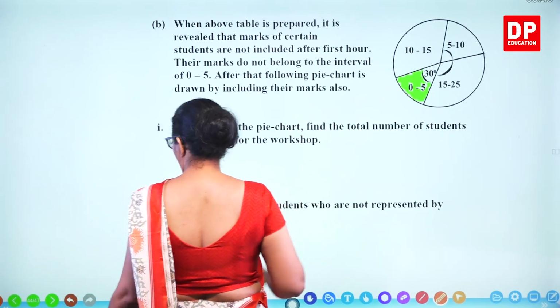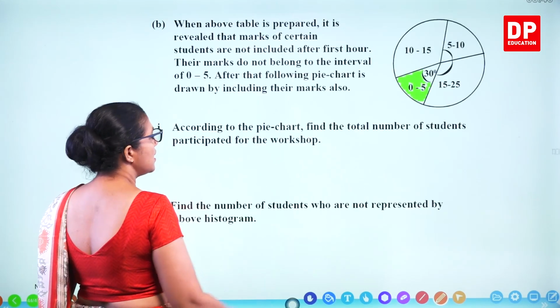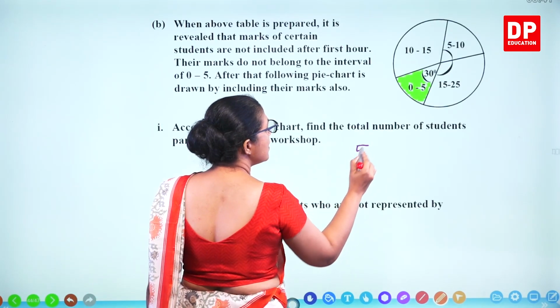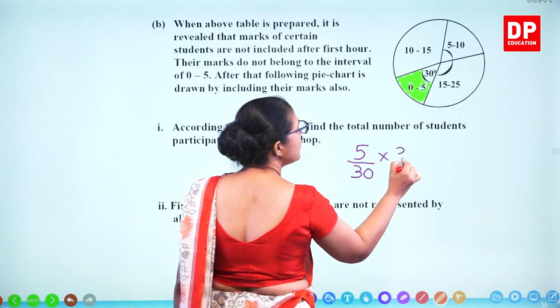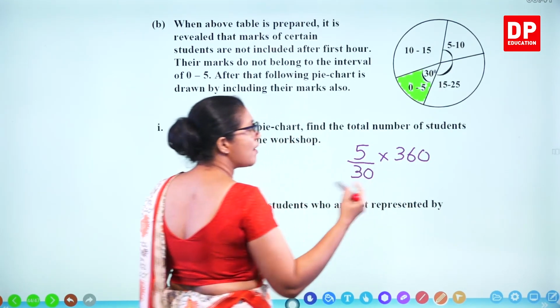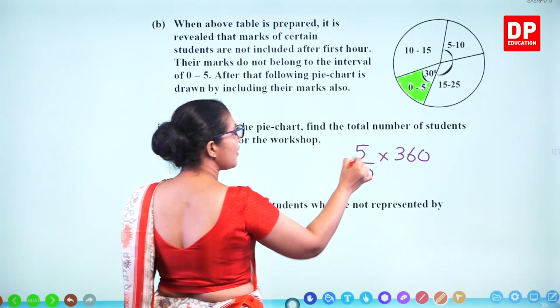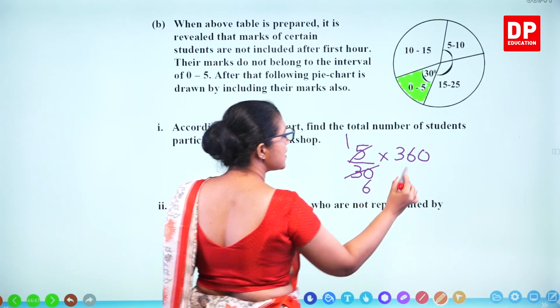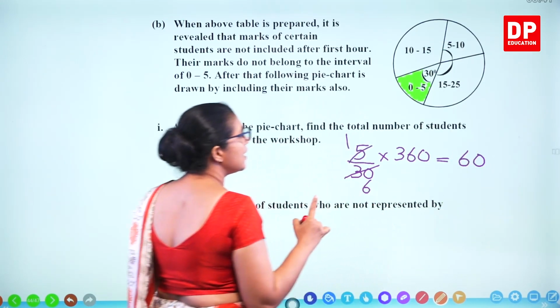So earlier, how many students were there 0 to 5? 5 students. So 5 divide by 30 and multiply by 360. You can find out total number of students if it's 5. 5 times 1, 5 times 6. So when you divide by 6, that's 60.